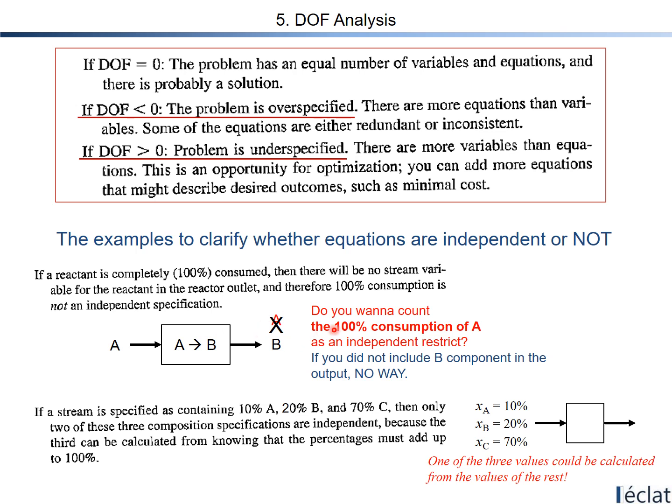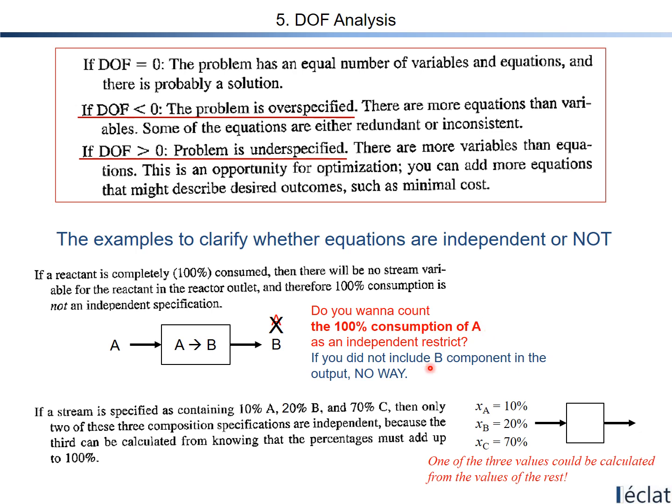Then, in this case, do you want to count the 100% consumption of A as an independent restriction? You have already used this condition for drawing this block flow diagram. So you should not count this condition, 100% consumption of A, when you count the number of equations.